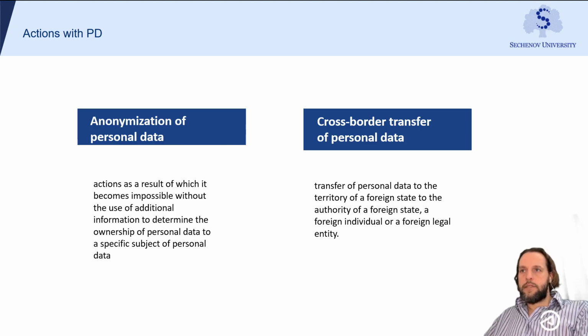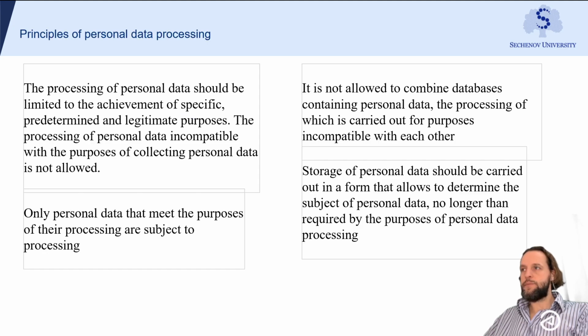Other actions are anonymization of personal data, so we're able to make it anonymous, so it will be used, for example, in healthcare. It will be data to train some algorithms on, to create some scientific papers, and so on.